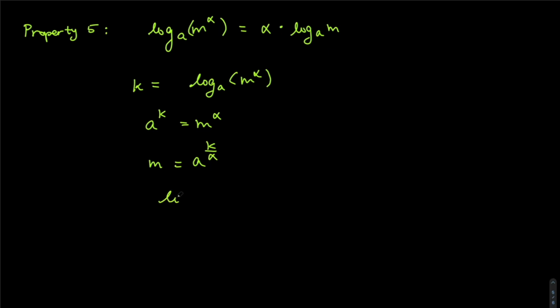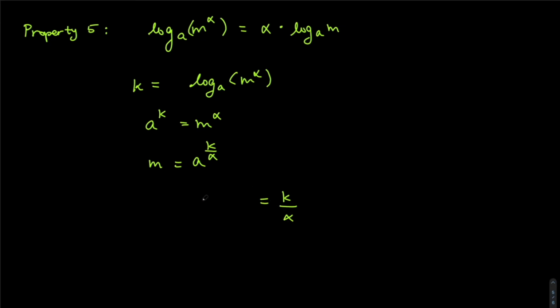Now I can write this as log base a m is equal to k upon alpha, right? Because the log is an exponent, right? Like this. Okay, let me just simplify this right here.